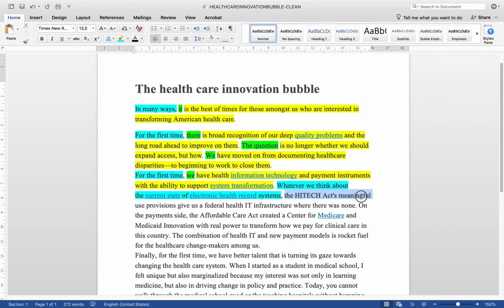The HITECH Act's meaningful use provisions give us a federal health IT infrastructure where there was none. So, I'm sorry. Apparently the most important thing that he wants to say again is there is now something where previously there was nothing. Okay, I'm hoping that you're getting the point.